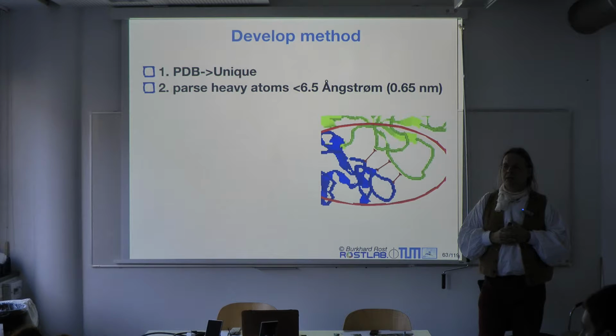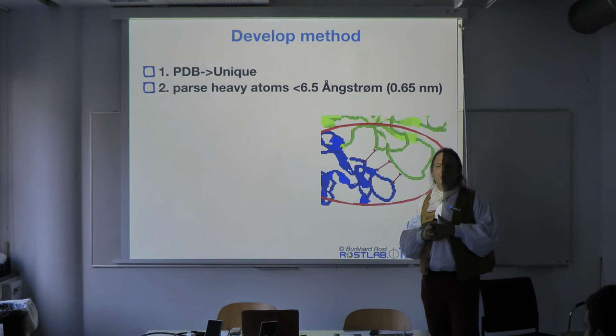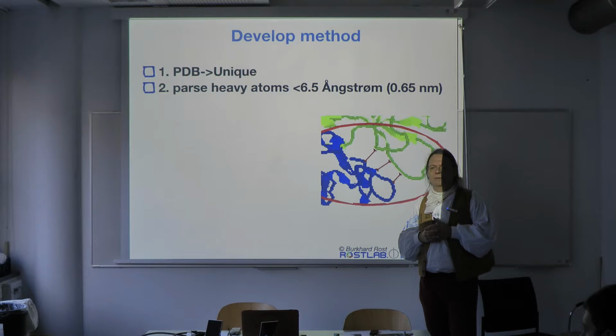Any guessing? If I told you a protein is 1,000 angstrom, you would be happy with that? So 1 angstrom is 0.1 nanometer, so that would be 100 nanometers, so it's 0.1 millimeter. No, this sounds bad, right?